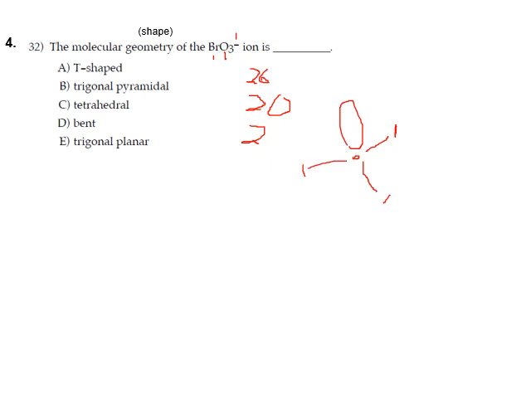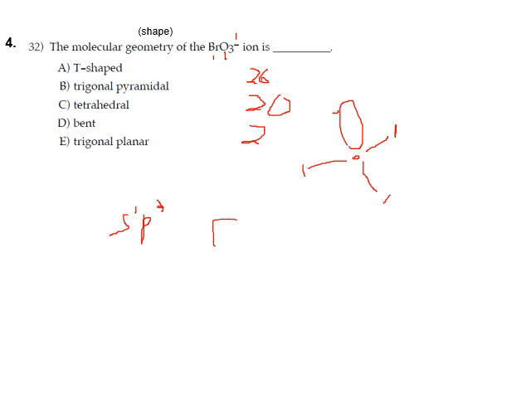We have 1 lone pair here, and then we have 3 atoms. Total of what? 4. So 4 charge clouds. We've got sp3 hybridization, s1, p3, 1 plus 3 is 4, and then it's going to have a tetrahedral electronic geometry.